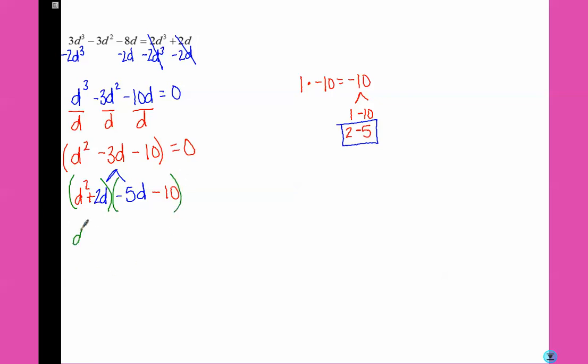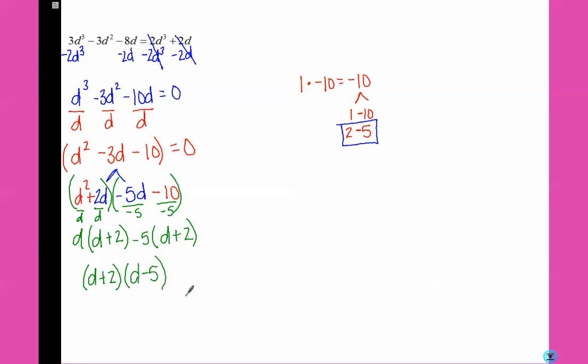So these both have a d in common. So d times d plus 2. Both of these have a negative 5 in common. Take out the negative 5 times d plus 2. So my factors are d plus 2 and d minus 5.